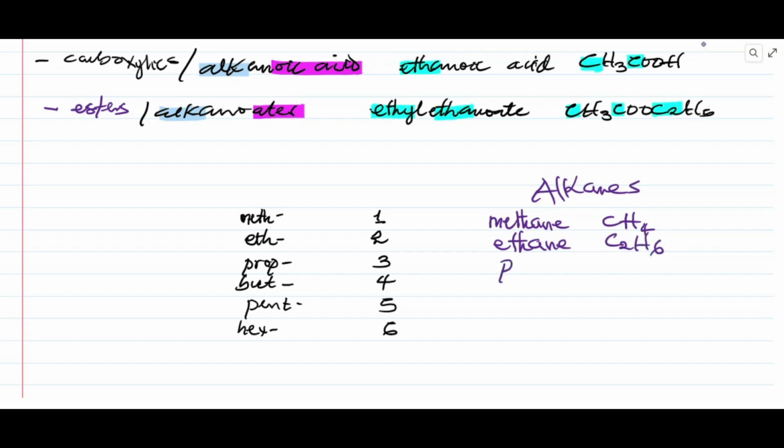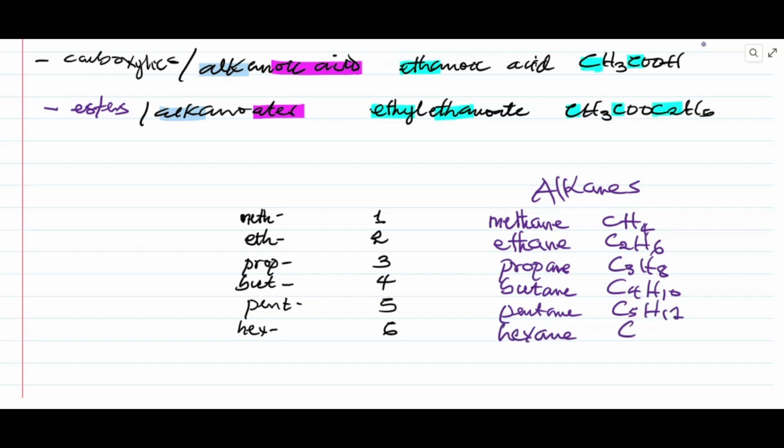The 3 carbon, that is propane, C3H8. 4 carbon atoms, it's going to be butane, C4H10, and then pentane, C5H12 and hexane, that is C6H14. So we have the first 6 members of the alkane family.